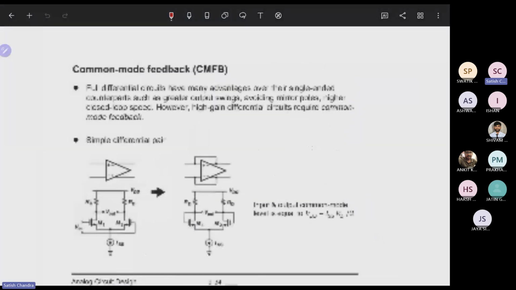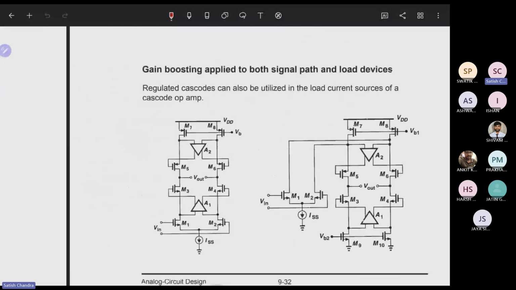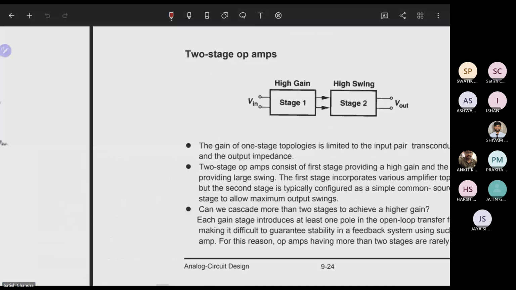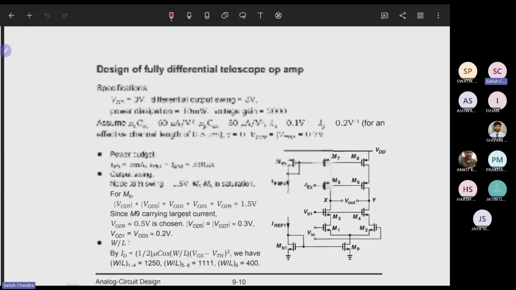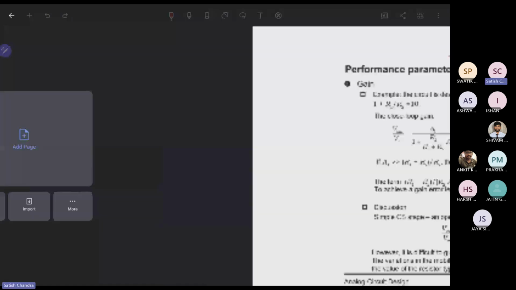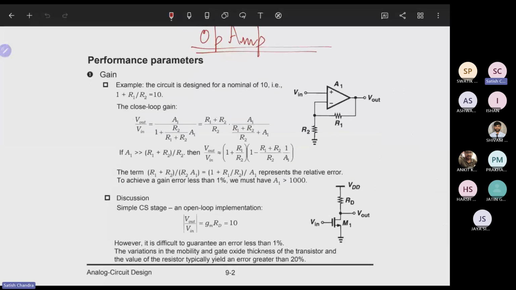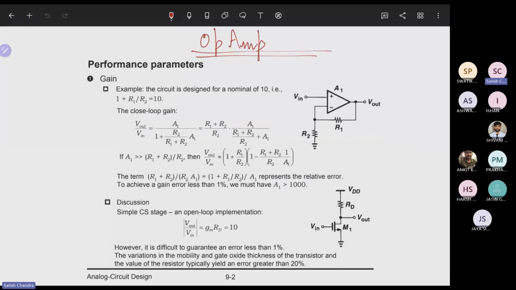I'm going to this at the beginning of this PPT. We have already seen the general purpose of things for the op amp. Now let's see the basic things. What are the performance parameters?